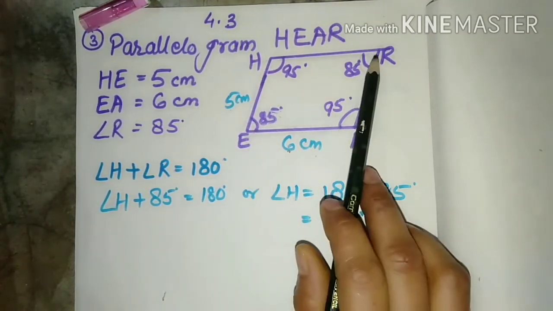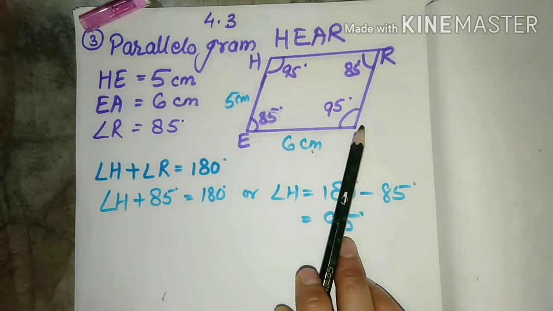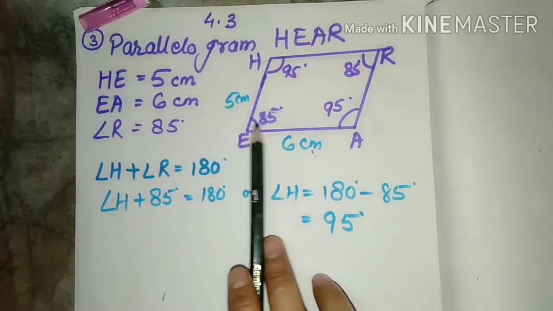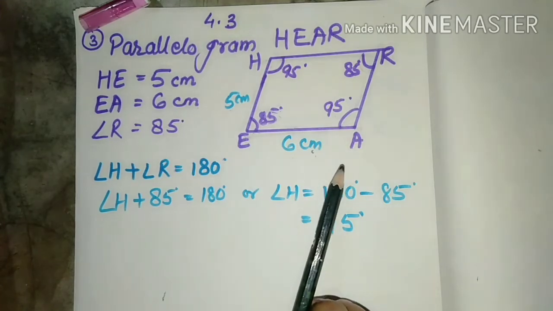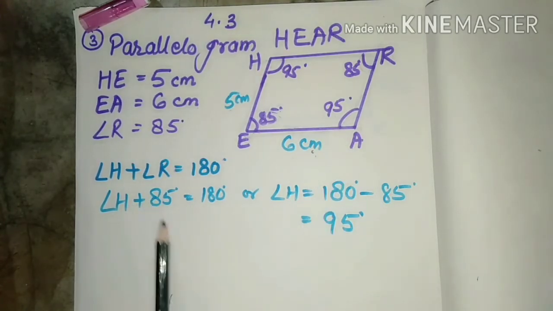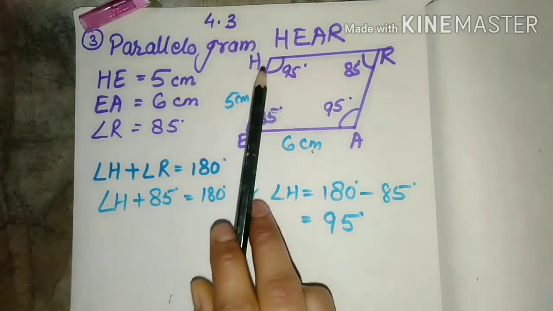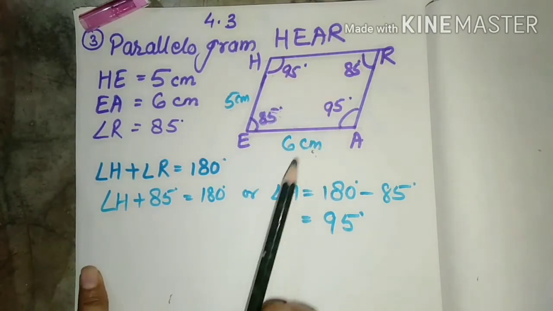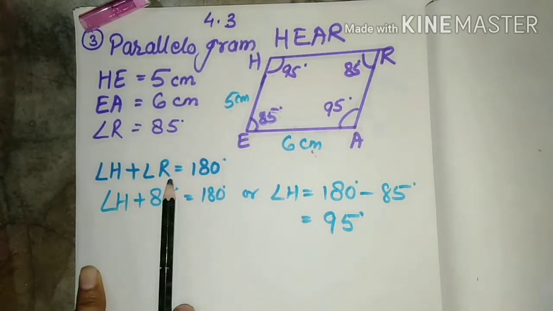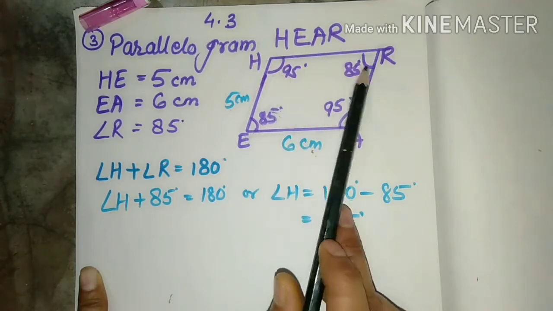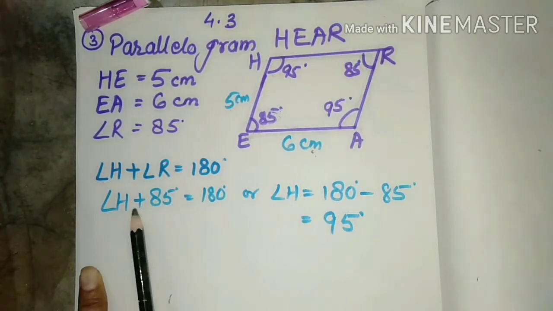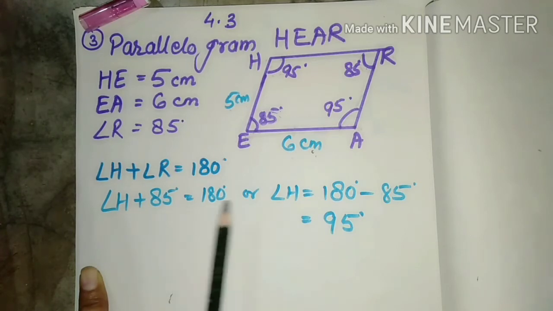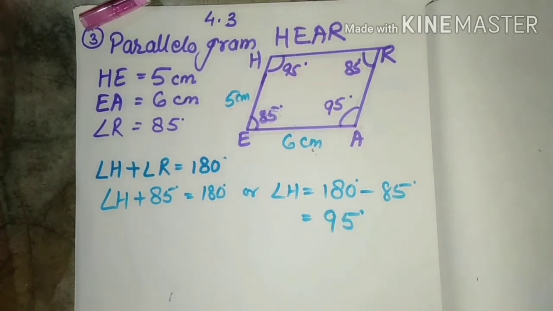These two lines are parallel, and this is the transversal. So sum of these two interior angles is 180 degrees. So we can calculate how much angle H or angle A is. Angle H plus angle R is 180 degree. R is given 85 degree, so we can calculate angle H as 95 degree.